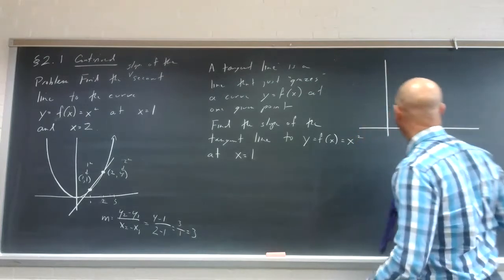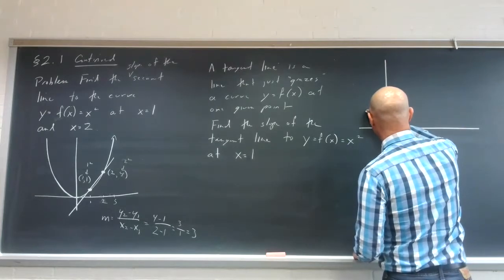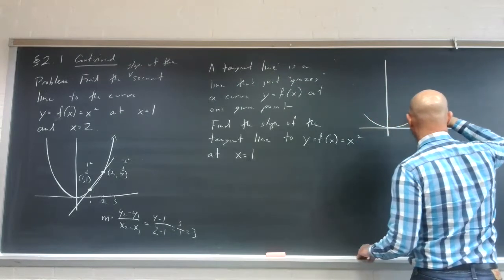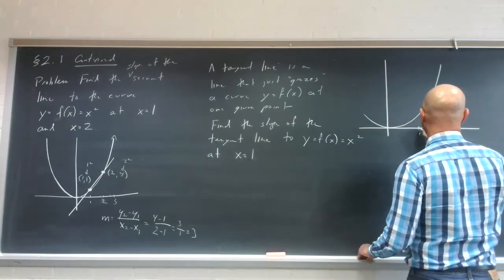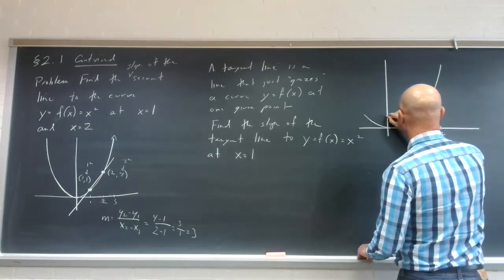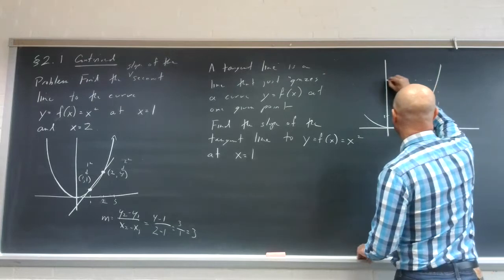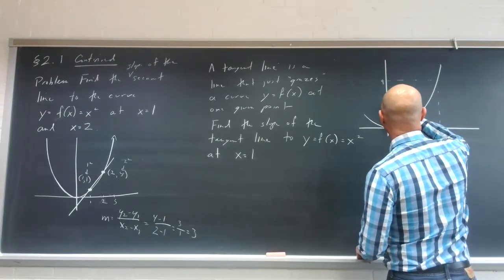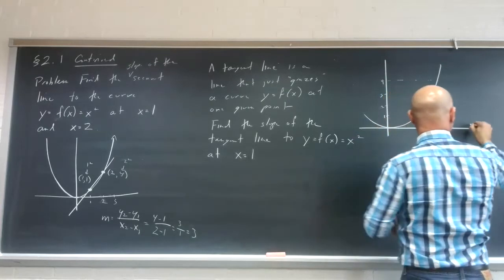Okay, so y equals x squared, that's a parabola. There's 1, there's 2. So that must be height 1 right there. This is 2, and this must be at height 4.